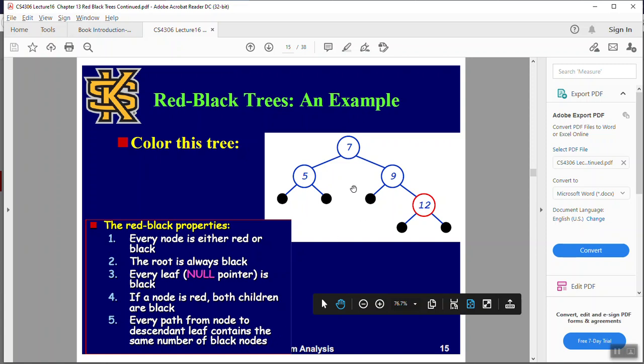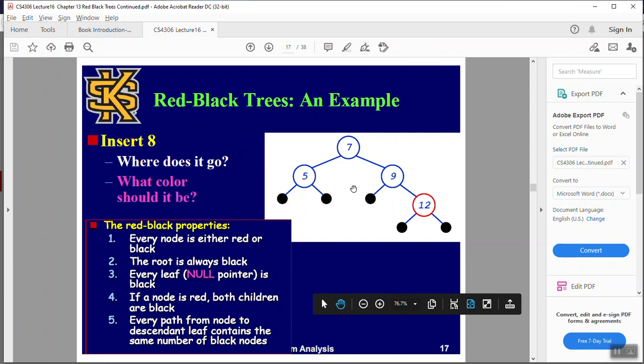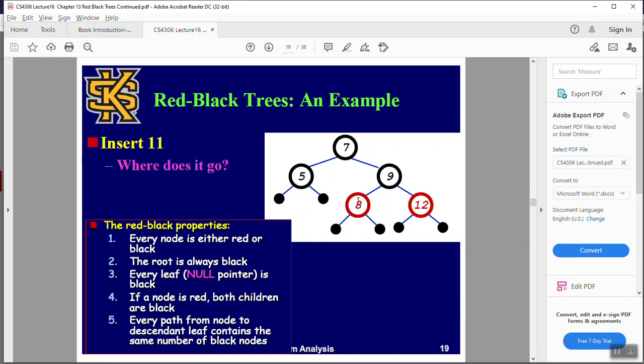Let us go through this again with an example. Let us check whether this is a red black tree or not. The 7 is the root node and it is black, that is okay. If a node is black, its children can be black or red, that is not a problem.